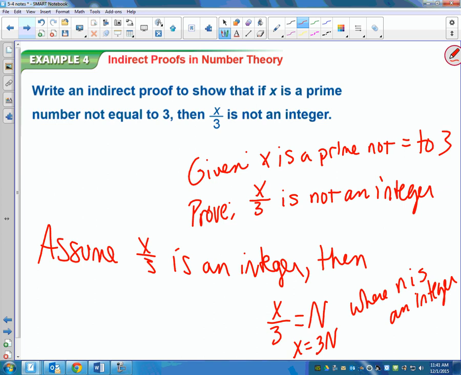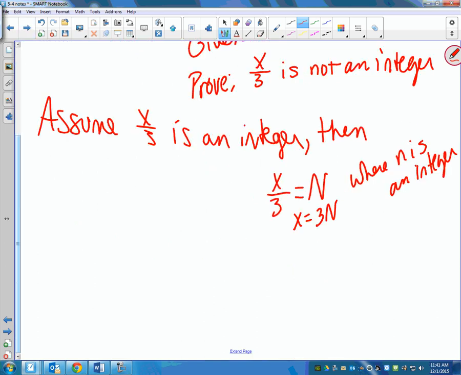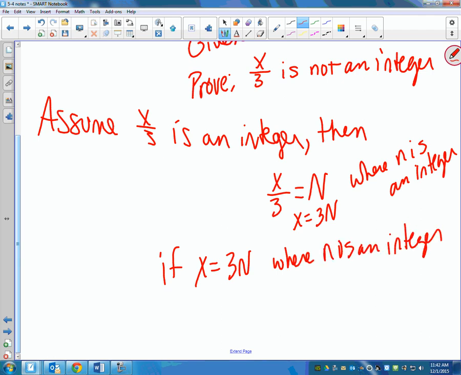But I could stop here and say, if x equals 3n, where n is an integer, then x is not a prime number. If n was 2, that makes 6, n was 3, that makes 9. You could pick any integer for n.